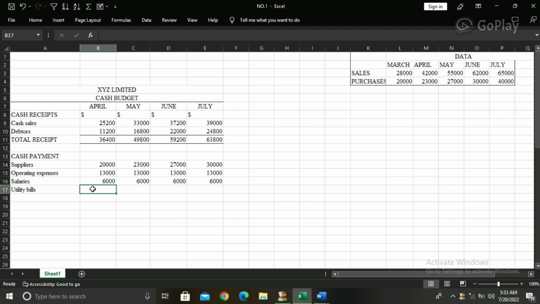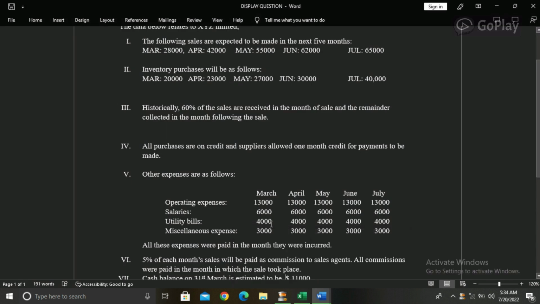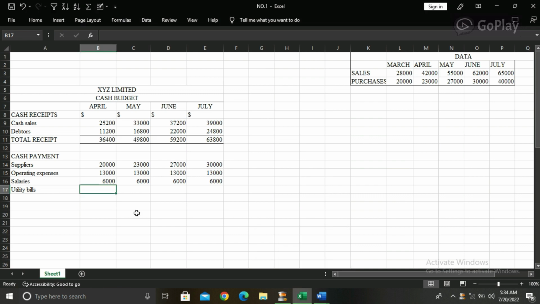And each month, the utility bills paid, as we can see from the question, is $4,000. And then the miscellaneous is 3,000. So we now go back to our Excel. The utility bills for each month is 4,000. That one too, I'm just going to drag it since it is constant for all the months. The next expense is the miscellaneous expenses.